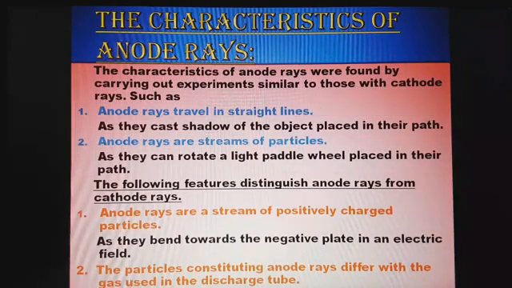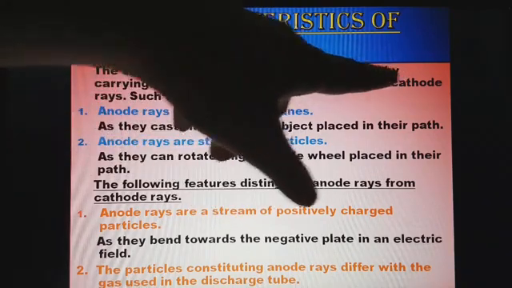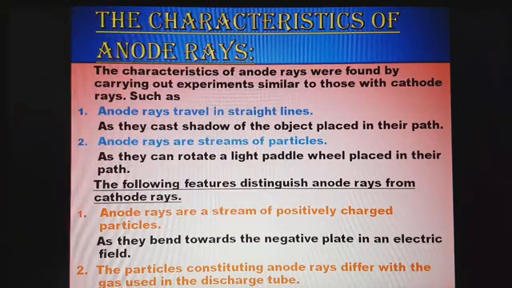Next, let's see some of the characteristics of the anode rays. Like cathode rays, anode rays also have some characteristics. These were found by carrying out experiments similar to those with cathode rays. The same experiments we saw for cathode rays were performed to find the characteristics of anode rays.